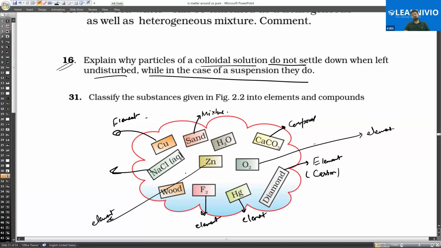NaCl aqueous: it is aqueous, it is mixed in water, so that's why it is a mixture. AQ means in water. So NaCl is a compound, but when it is dissolved in water, it is a mixture. And wood is also a mixture. Okay, so please write down all these in your notebook and write down whether they are mixtures, elements, or compounds.